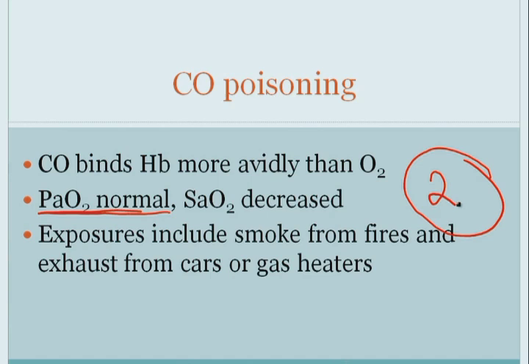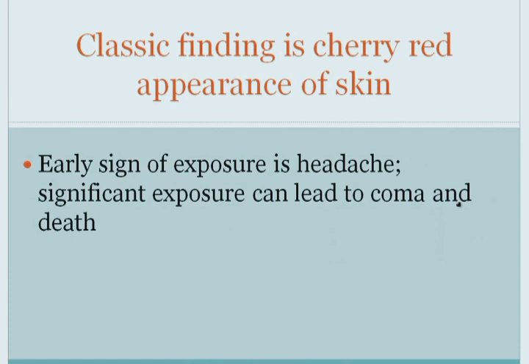And then a third way by which carbon monoxide poisoning can occur is via gas heaters, and that's a relatively high yield clinical scenario that can show up on exams. The classic finding in a patient with carbon monoxide poisoning is the cherry red appearance of the skin.